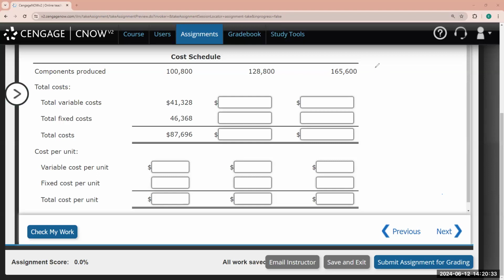Our total variable cost equals variable cost per unit multiplied by components produced.